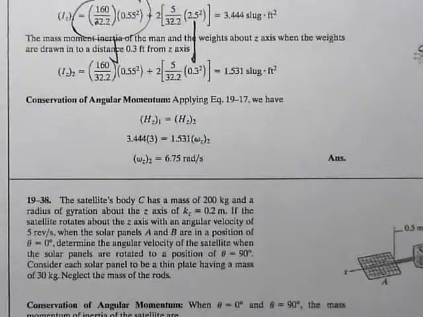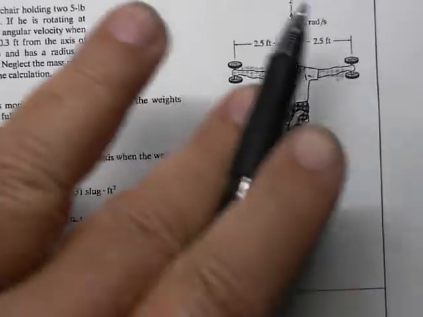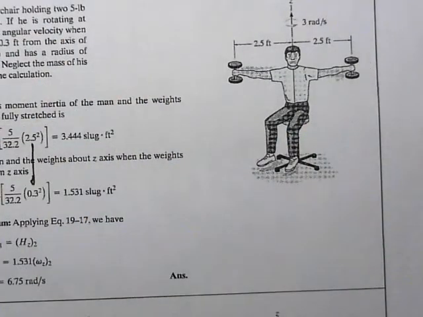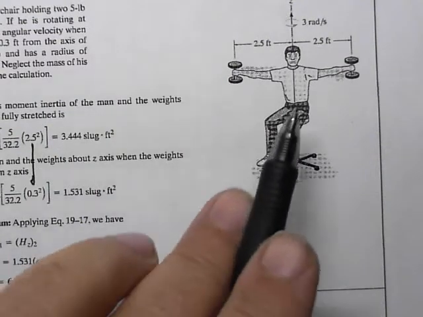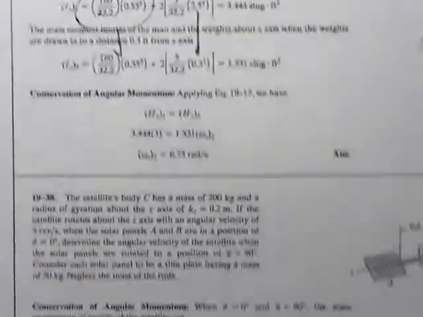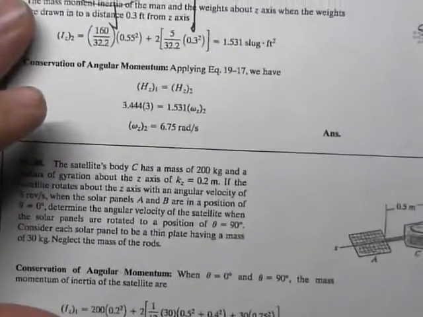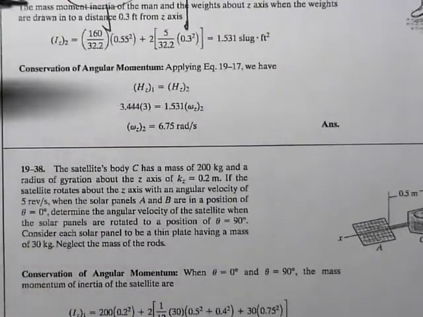And now we will say that our conservation of angular momentum, because there are no angular impulses happening when we consider the system to be the man and the weights. And so our starting angular momentum is I omega, and omega was given as 3.